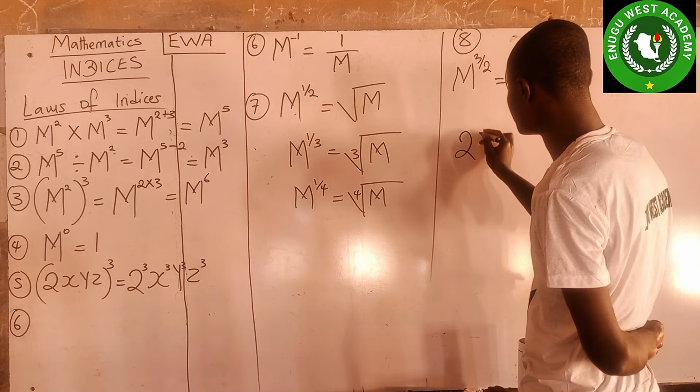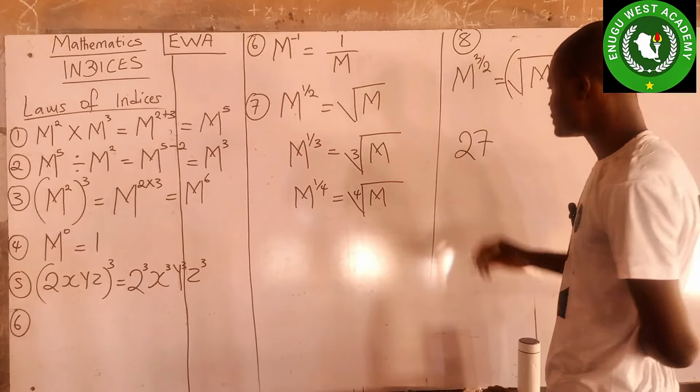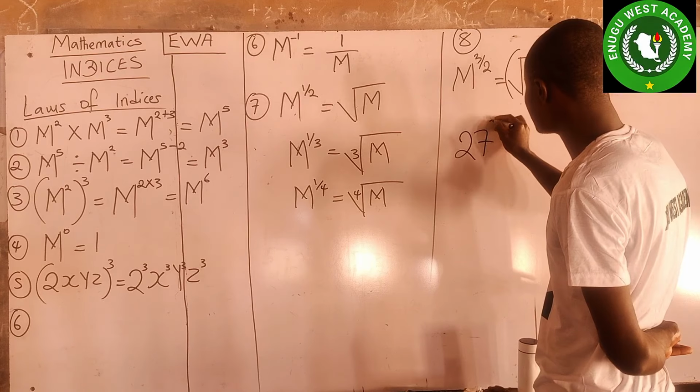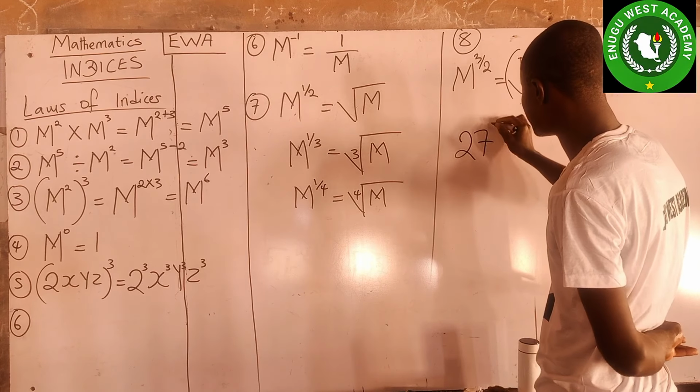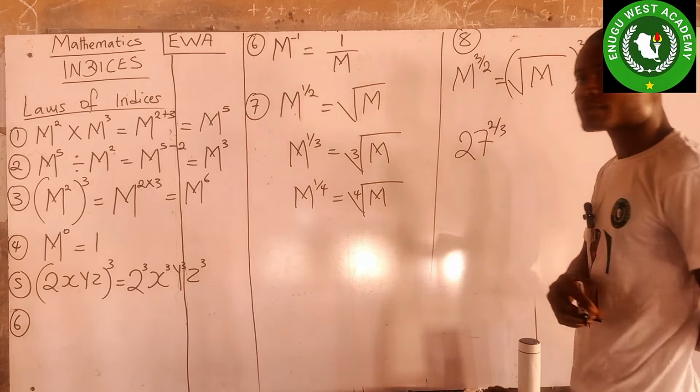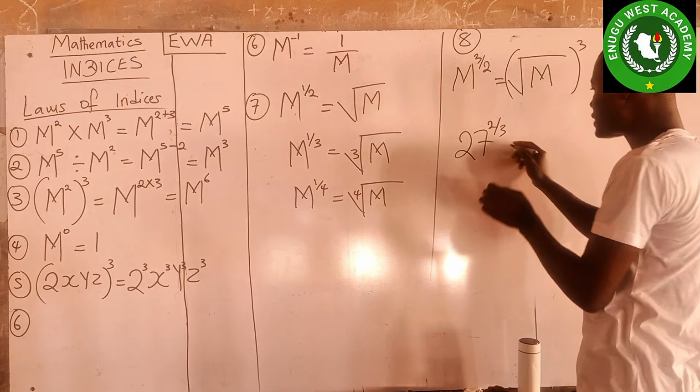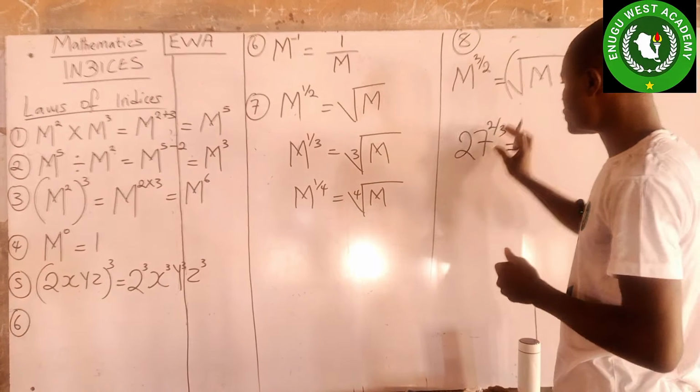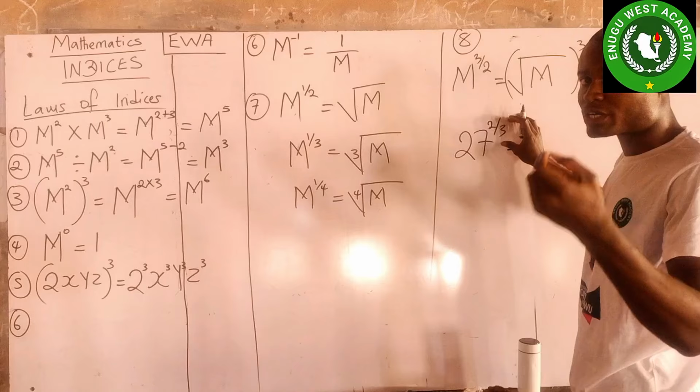Now look at this. If you have 27 raised to power 2 over 3, remember I told you that in getting the root, you work with the denominator of the fractional power.